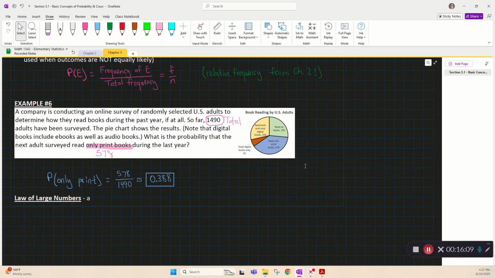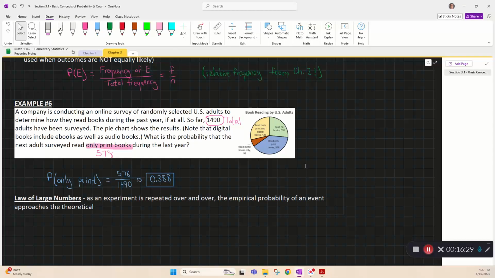This is, as an experiment is repeated over and over, the empirical probability of an event approaches the theoretical or actual probability of the event.